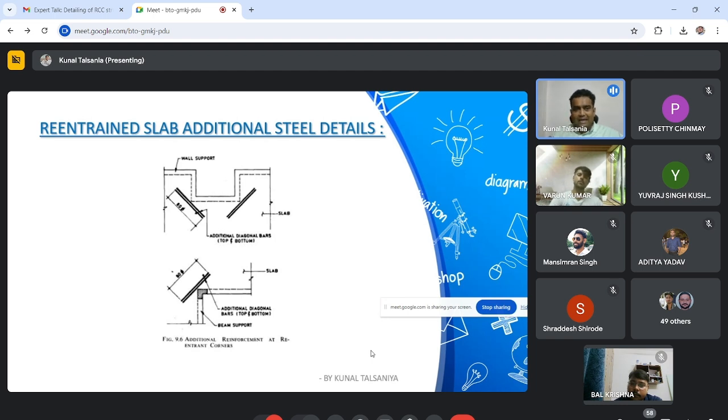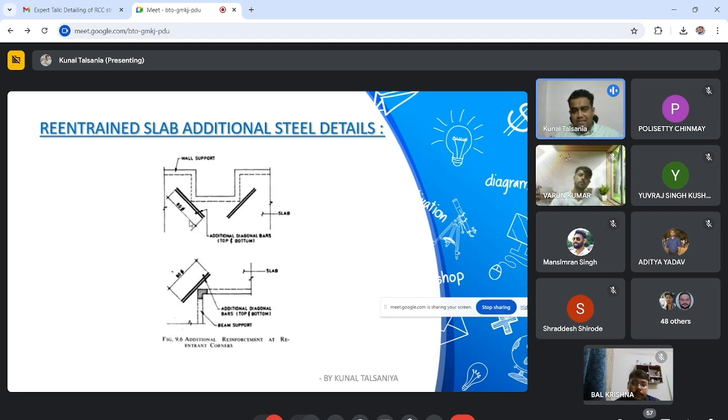When there are re-entrant corners or a re-entrant slab, you have to provide additional steel at all re-entrant faces, because local stress concentration will be high or twisting of the slab will occur. Due to more stress and local concentration, to avoid cracks in future, you have to provide additional steel, and the code has already given the length of this bar. The length of this bar is 80 times D.